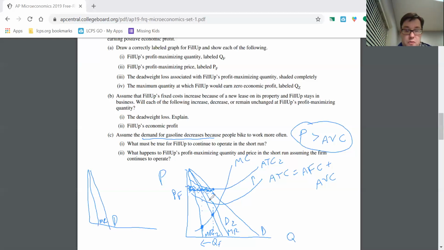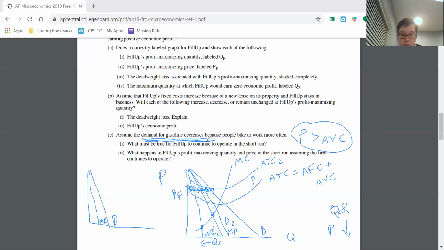So the answer for part 2, as long as you say in some way, shape, or form that the new quantity and price both will decrease, because the demand decreasing means those curves shift inward.